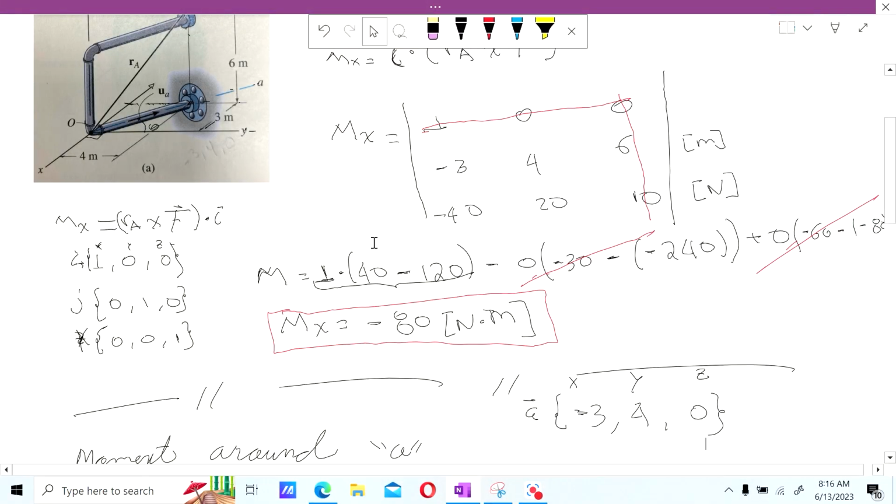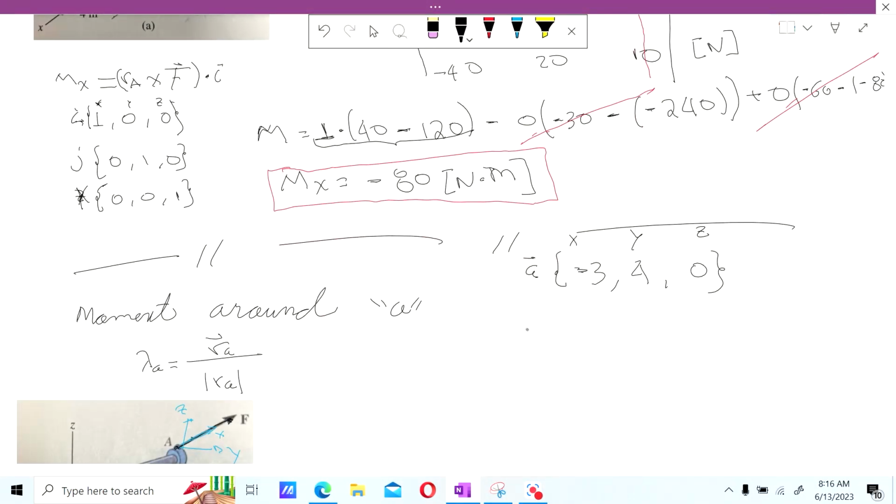All right, so if we want to compute the magnitude of, well, first of all, before we do the magnitude, we have to do RA, the distance from origin to A. It's going to be the head minus the tail.